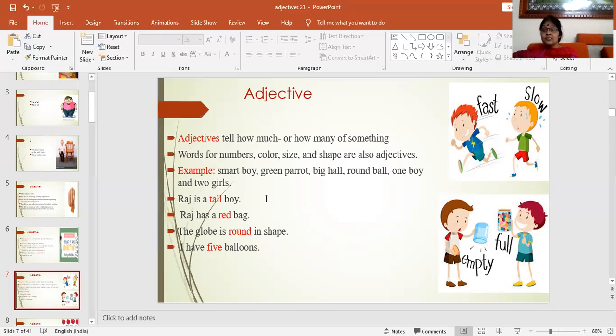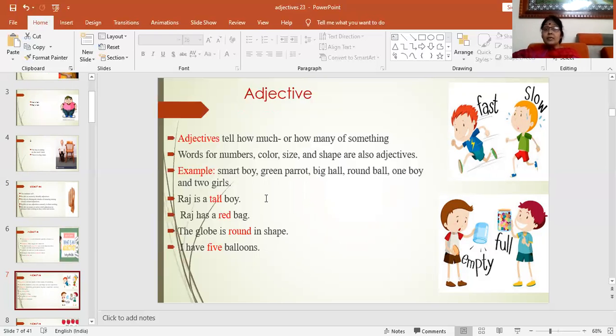Words that we use, say 1, 2, 3, red, blue, green, big, small, fast, slow, right? Shape, round, triangle, full, empty. All these are also adjectives. So, what are adjectives? They tell us how much or how many of something.